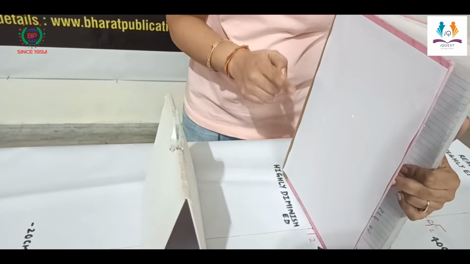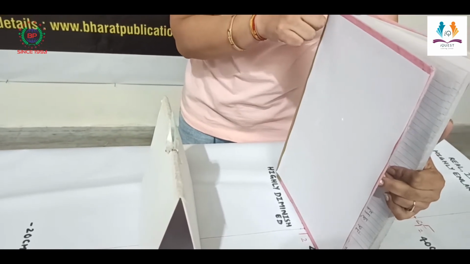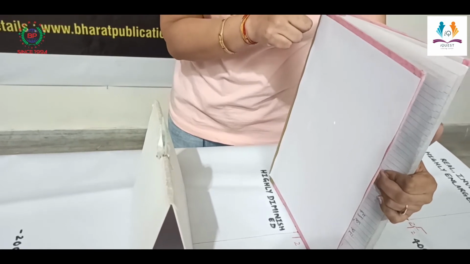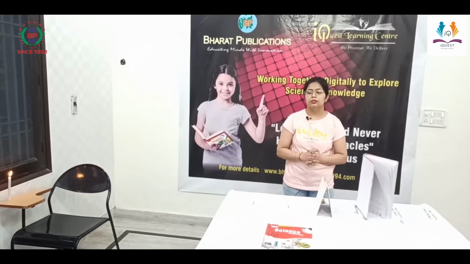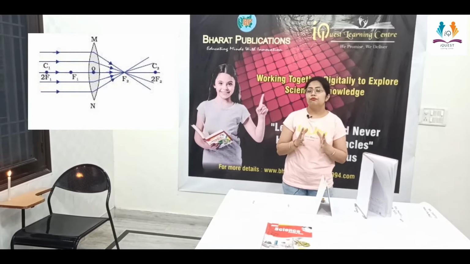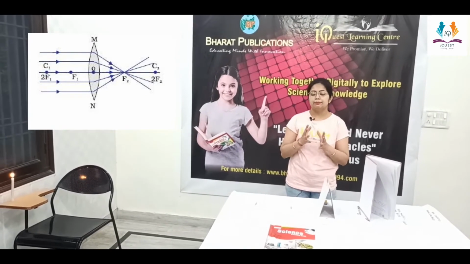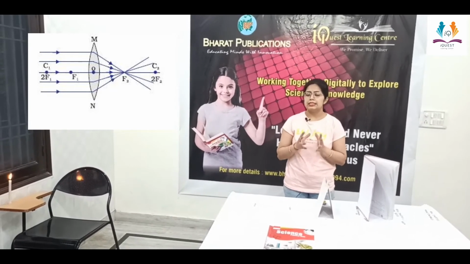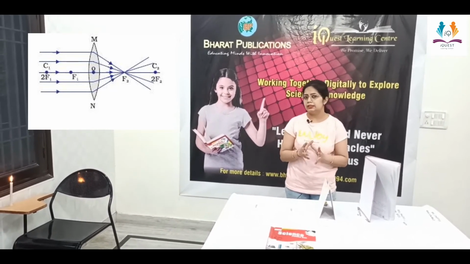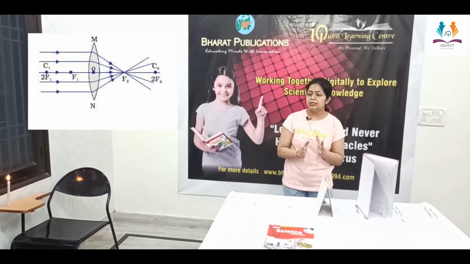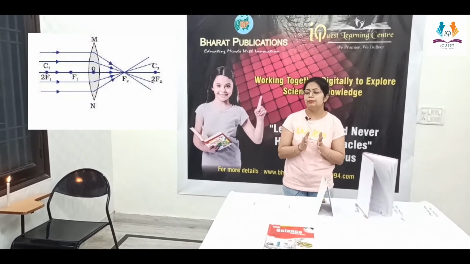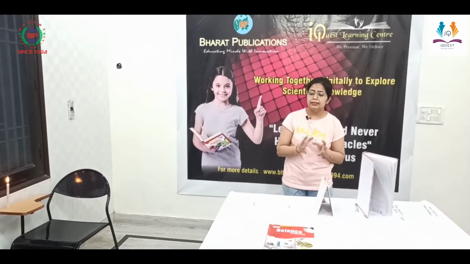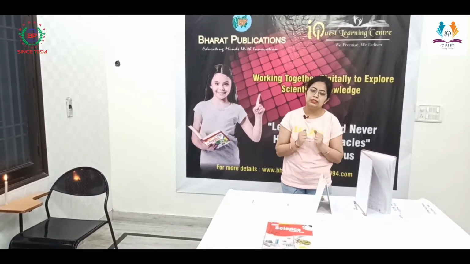Because this image can be taken on the screen, it is a real image. This shows that when the object is placed very far away from the optical center, or you can say the object is at infinity, then its real image will be formed at the focus. And that image is very small in size.